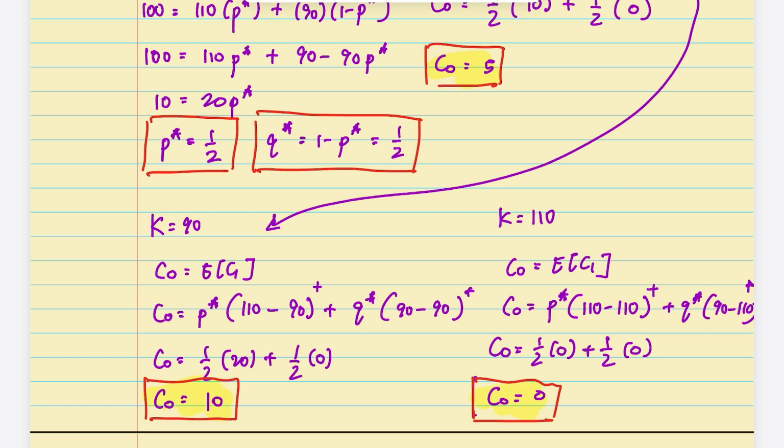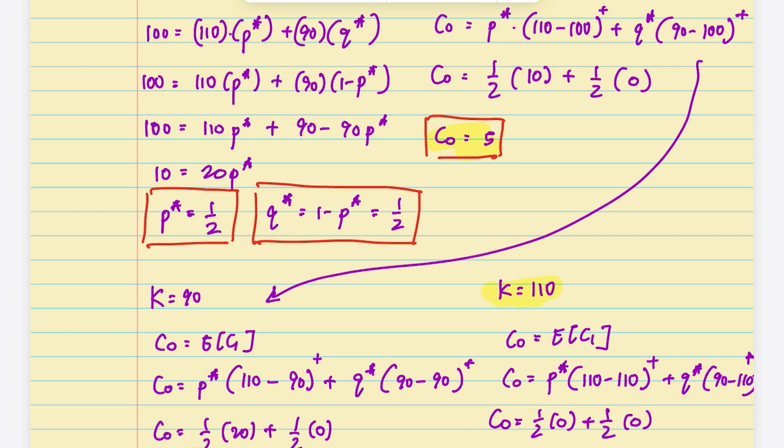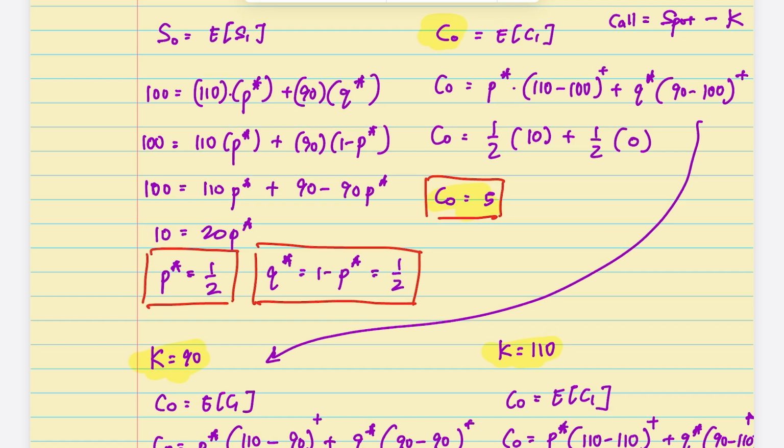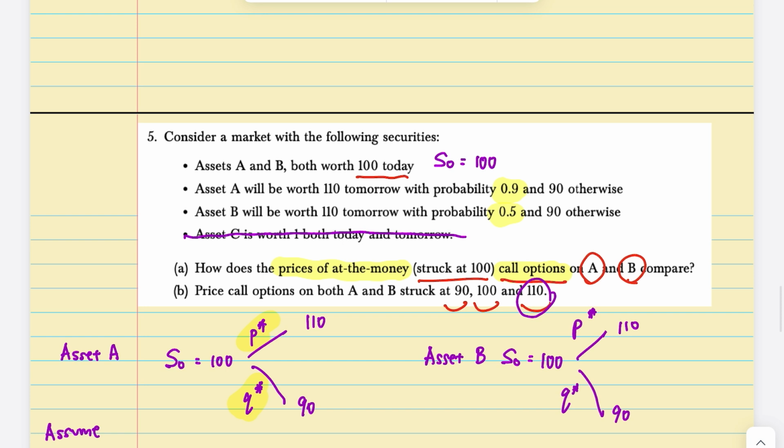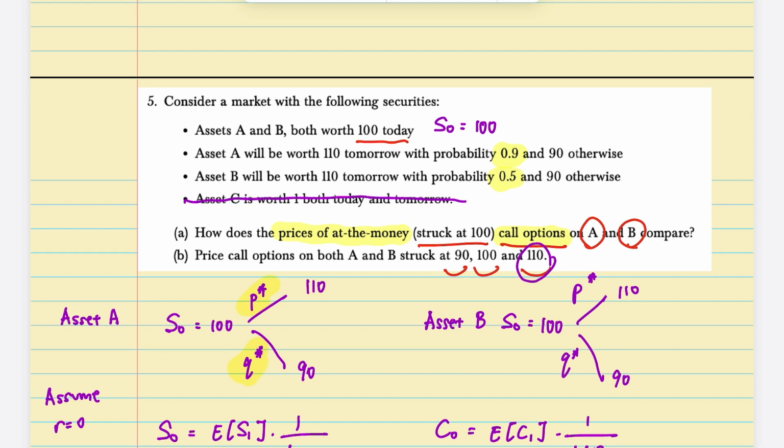So now we have our answer for the 3 different strike prices. Just write K equals 100 for clarity. Okay, so this is basically how you value an option that is at the money and struck at different prices.